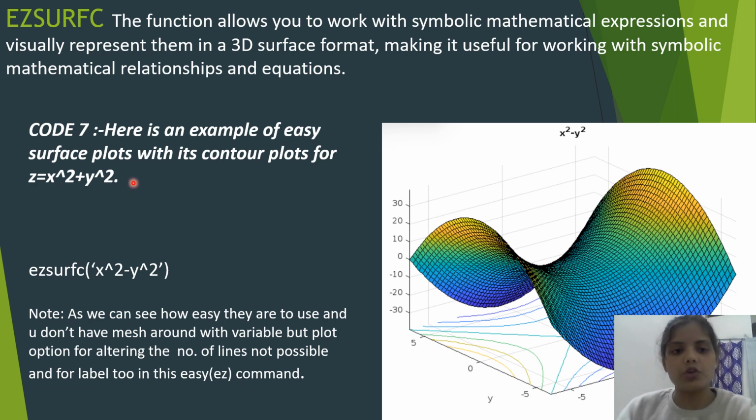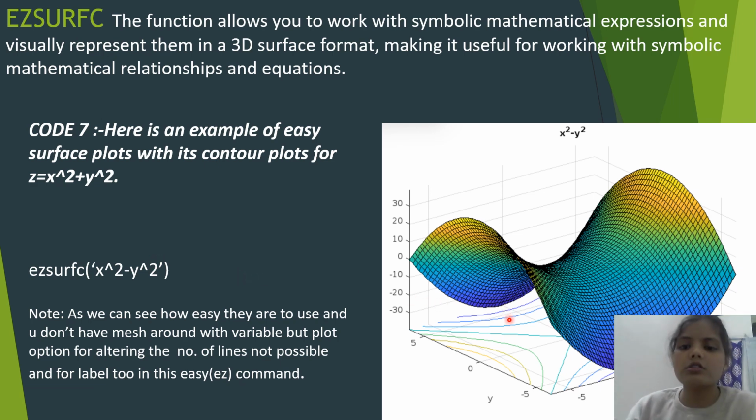For the same equation, z equals x square plus y square, here is the command which we apply to run this code. And after applying this command we got this kind of graph. It is a graph in 3D which we can also rotate. So this is ezsurfc.